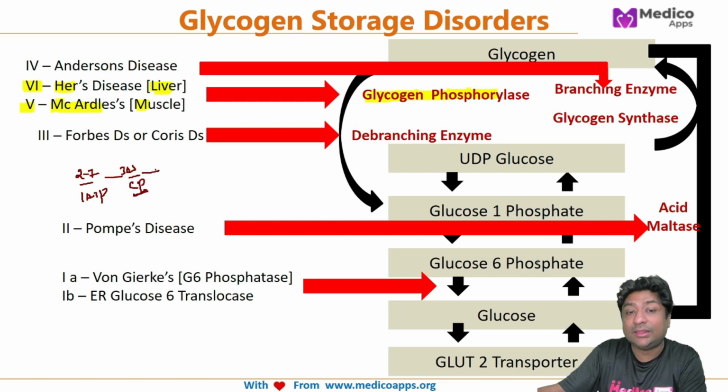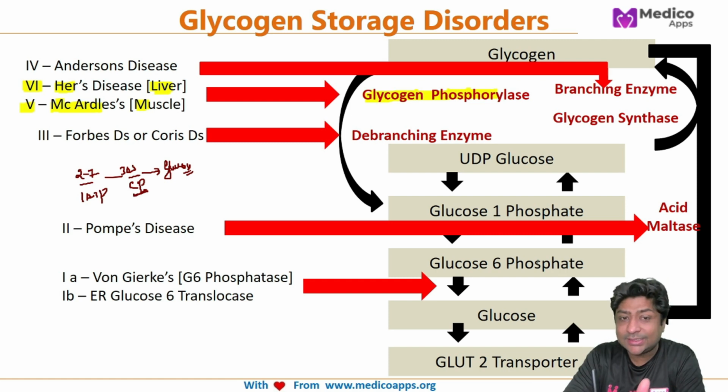Then glycogen will start being broken down into glucose, which will act as a source of energy. It is at this stage, because the glycogen is not going to be broken down into glucose, that your muscle will suddenly have a reduction in ATP, will not be able to contract, and you will have muscle cramps.